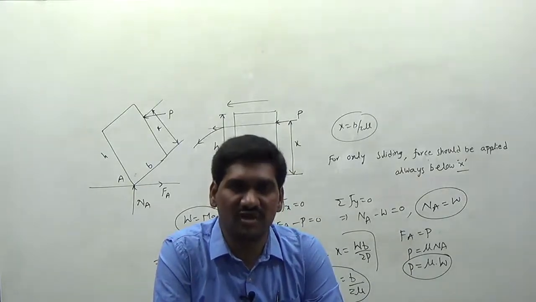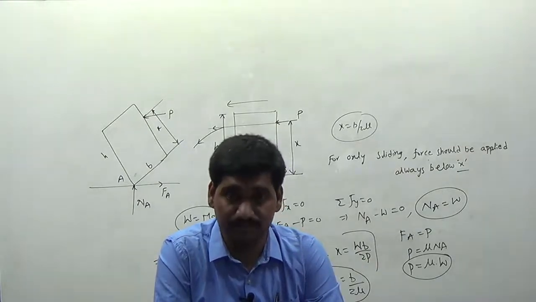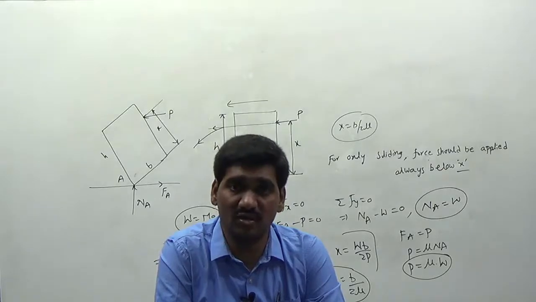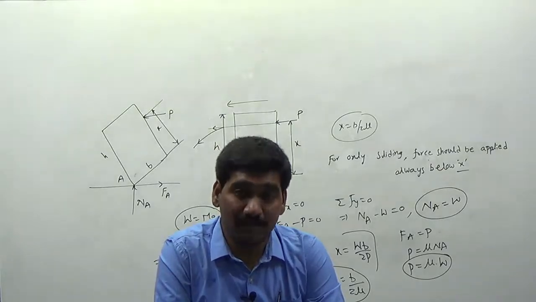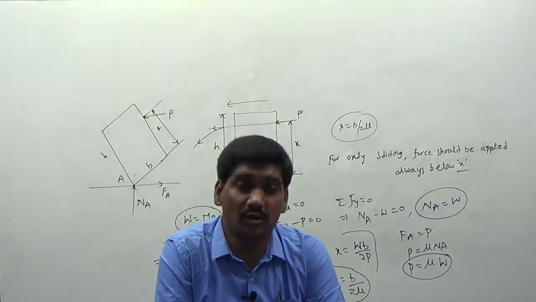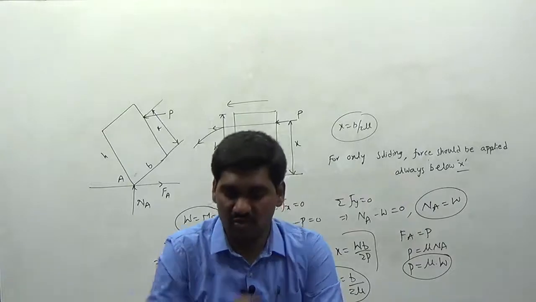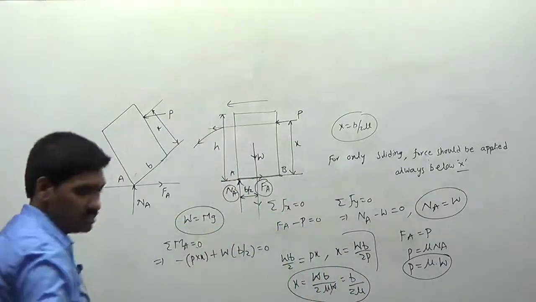Now if any body is rolling, in contact with the surface, with a horizontal force or a torque applied on it, how do we determine the direction of friction? Please note this.